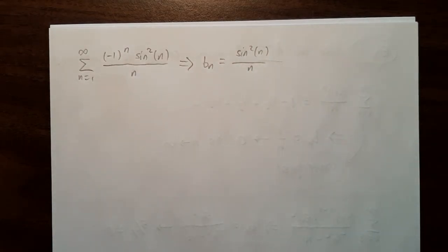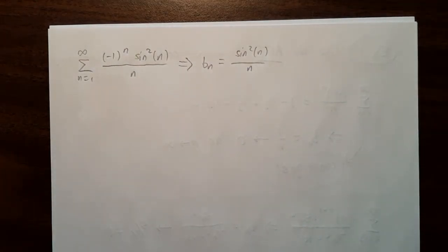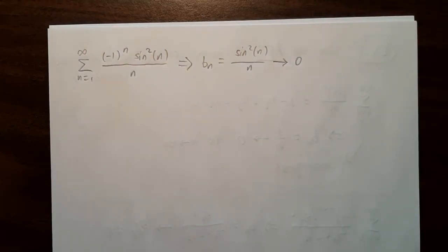So if the denominator is going to infinity, and the numerator is stuck somewhere between 0 and 1, no matter what n is, then ultimately this entire fraction has to be shrinking. Doesn't matter what the numerator is, that's just going to add some wiggling, but the overall size has to shrink because the denominator is getting huge. So this thing is going to go to 0.